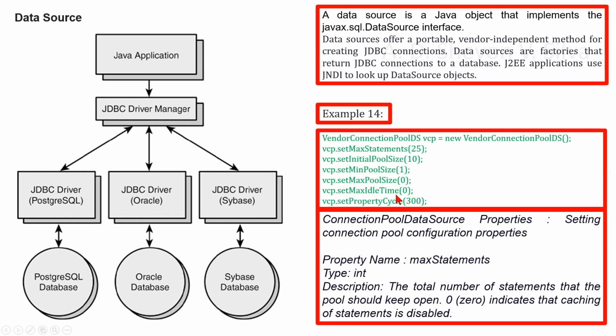Max idle time, int: the number of seconds that a physical connection should remain unused in the pool before the connection is closed. 0 indicates no limit. Property cycle, int: the interval in seconds that the pool should wait before enforcing the current policy defined by the values of the above connection pool properties.